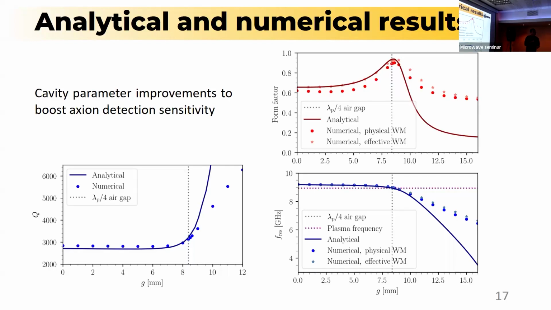Can I ask a question about the previous slide? Did you consider the air gaps in the calculation of the form factor, or do you use only the area with wire media? Yeah, that's a great question. At the beginning, I wanted to calculate just the wire media to highlight even better the result to get higher values. But to be coherent with the experiment, it's needed to calculate the whole volume.